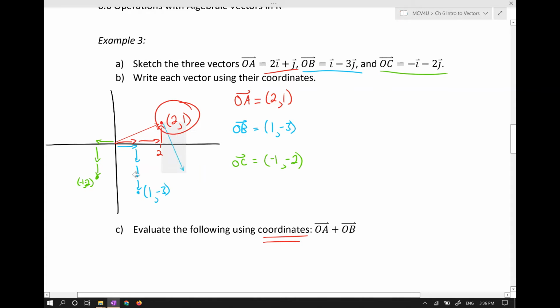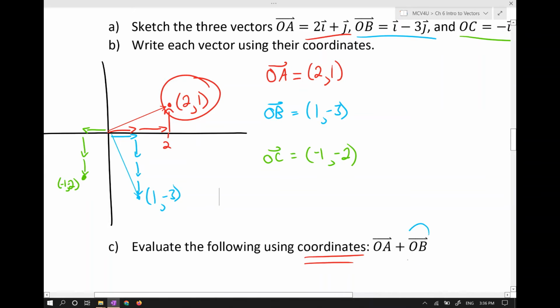If I'm adding OB, then that's like I'm adding all of these blue vectors to the ending point of vector OA. So I'm going to add 1 horizontal vector, and then I'm going to add 3 negative vertical vectors.